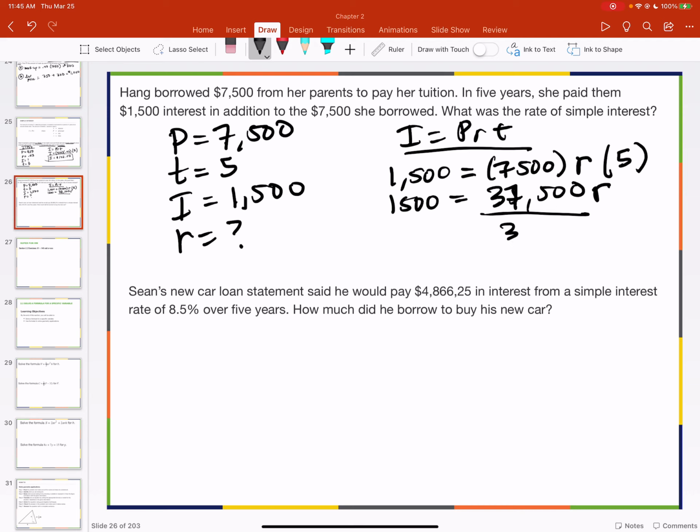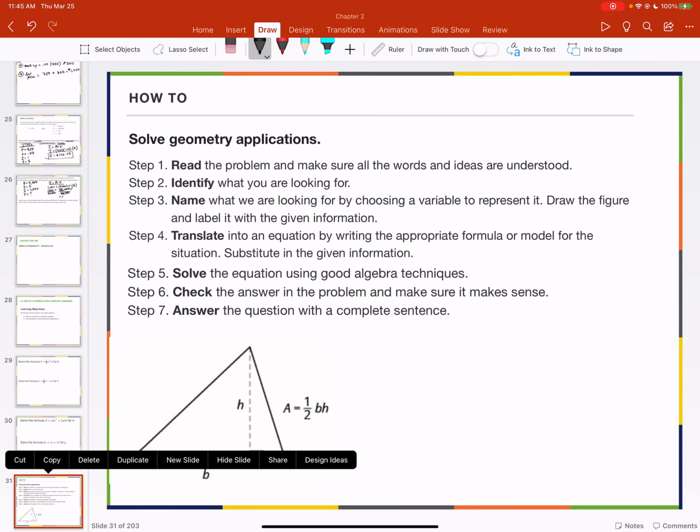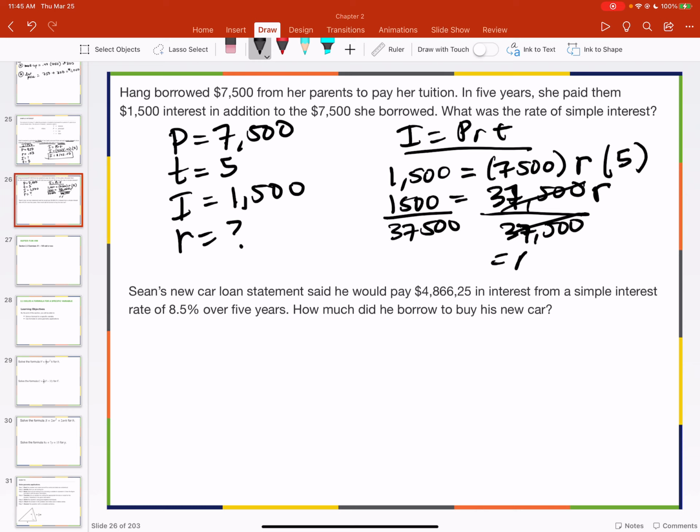So to solve for R, we need to divide by 37,500. Okay, so what is that? R is equal to 1,500 divided by 37,500, and that's going to be 0.04. But remember, we need to express it as a percent. So the rate is 4%.